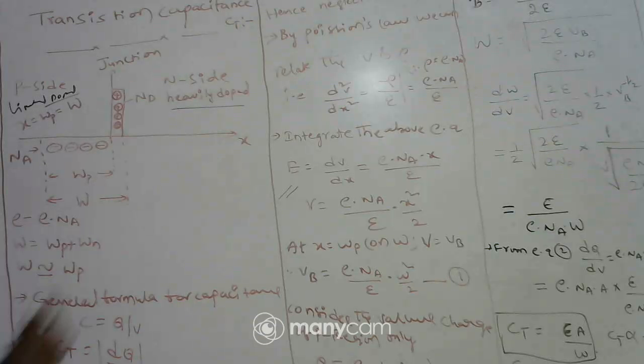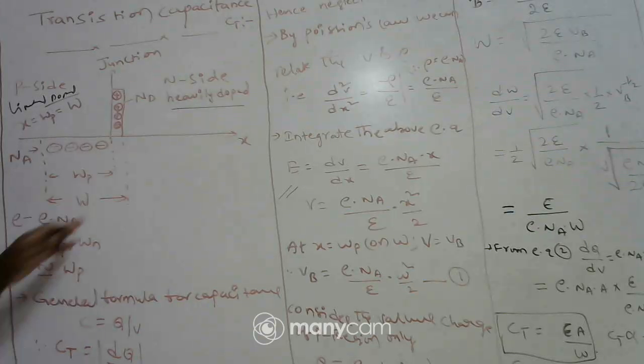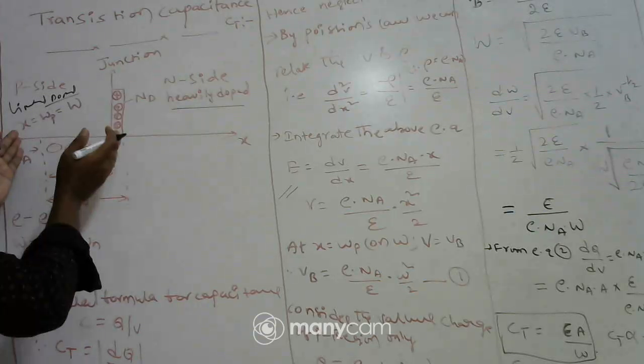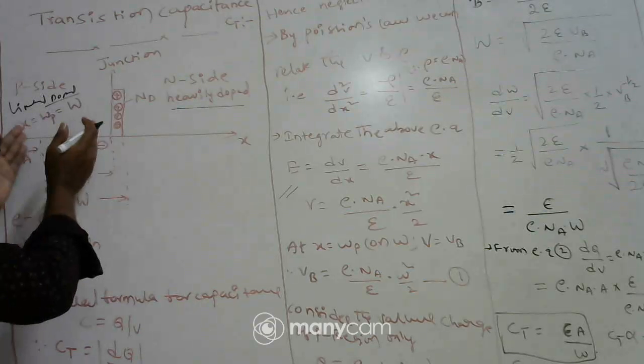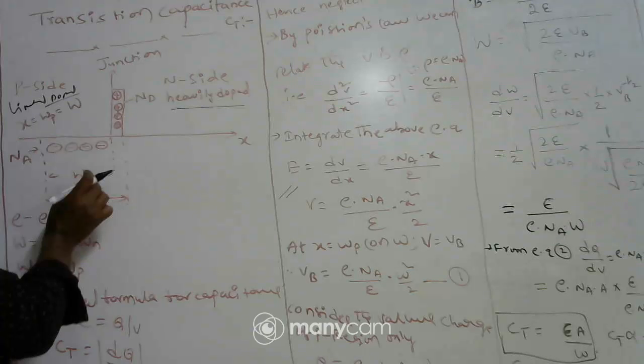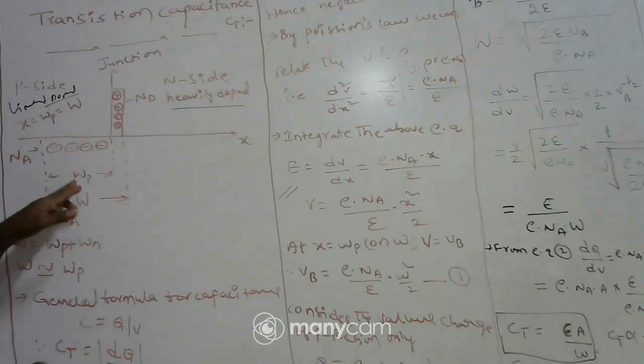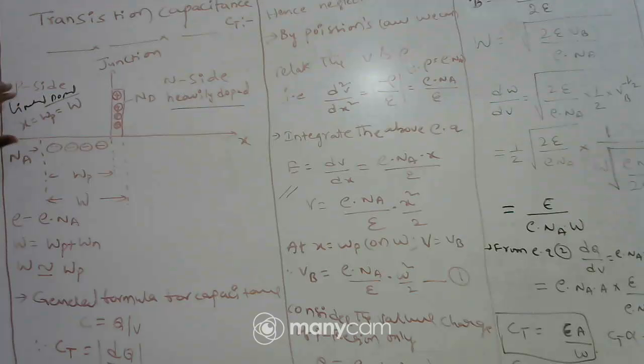The width from the junction to the p region, we are representing as Wp.